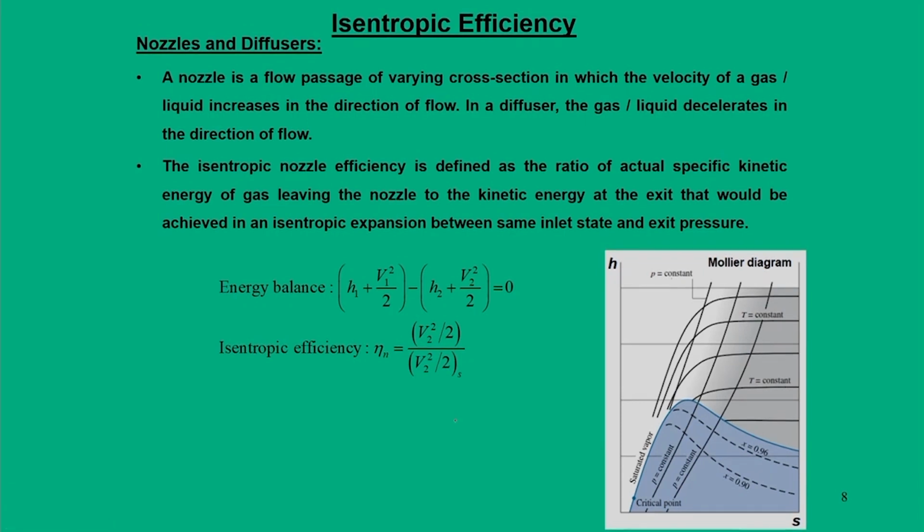Schematically they are represented like a turbine, but their main intention is this: the initial state is defined in terms of pressure P1 and velocity U1, and the final state is decided by pressure P2 and velocity U2.